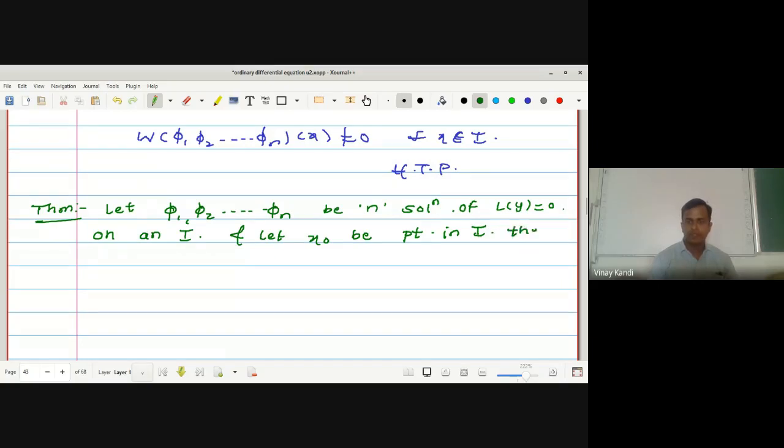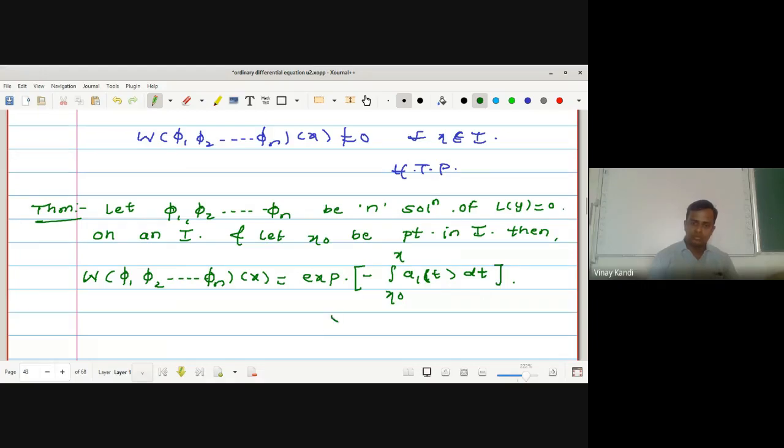Then the Wronskian of phi 1, phi 2 up to phi n at any point x is equal to exponential, that is e raised to the power minus integration from x naught to x of a1 of t dt, into the Wronskian of phi 1, phi 2 up to phi n at point x naught.